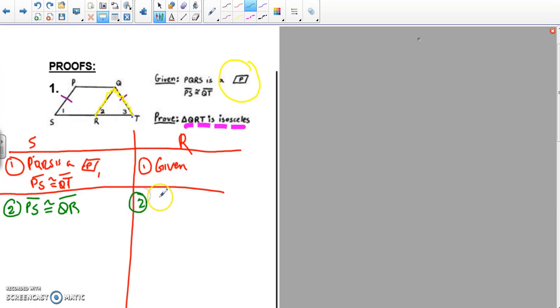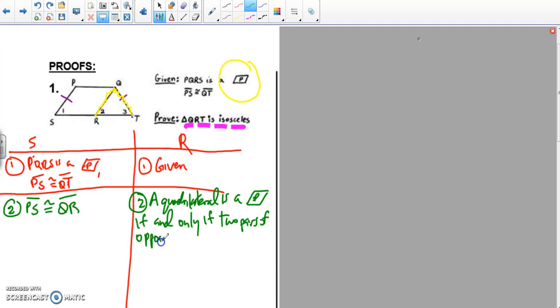And the reason for that is, we just talked about it: a quadrilateral is a parallelogram if and only if two pairs of opposite sides are congruent. So there's a nice piece of information.